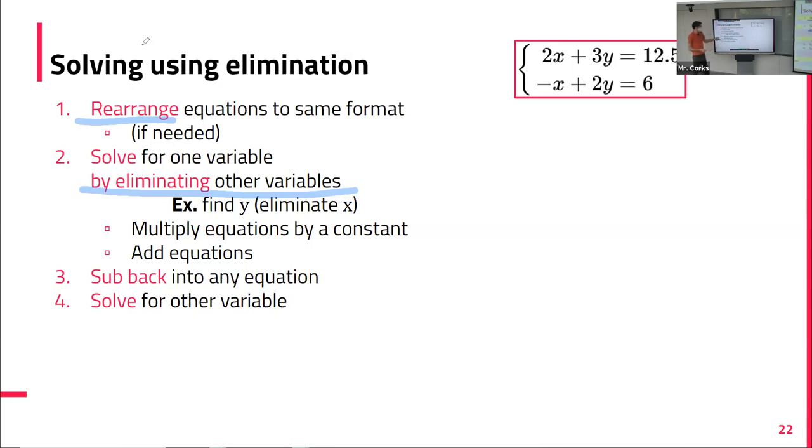And we do this with our two operations, multiplying or dividing some equation by a constant, and then adding or subtracting the equations to do the eliminating part. So if you look at this, which variable would you eliminate? Y. Y?